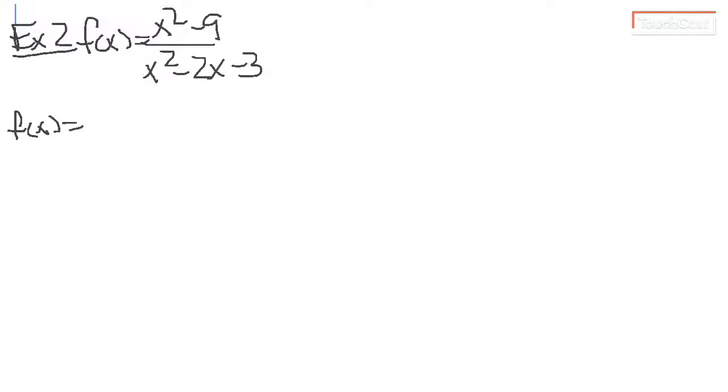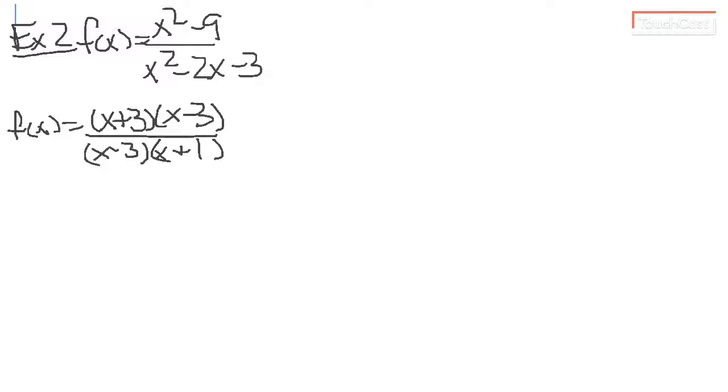So x squared minus 9, that factors into x plus 3, x minus 3, because it's a difference of squares. In our denominator, when I'm factoring, I ask, what numbers do I know that multiply to make negative 3 that add to make negative 2? Well, negative 3 and positive 1 do.